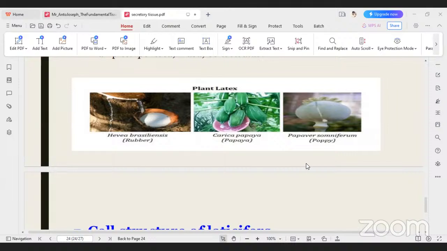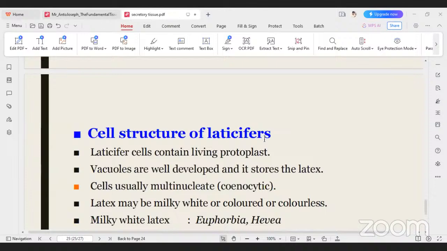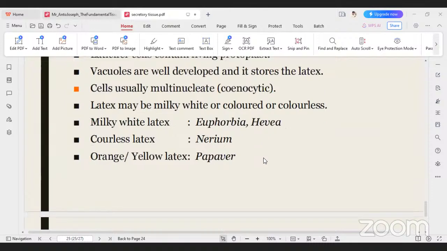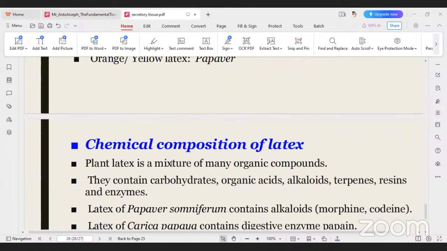These drugs affect the central nervous system. The cells are usually multinucleated, with milky latex, colorless, medium, orange or yellow in papaver. So these are the different types of structures.